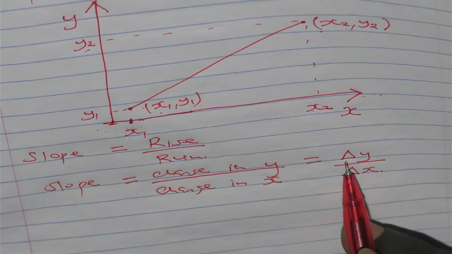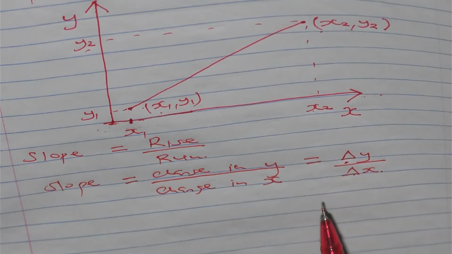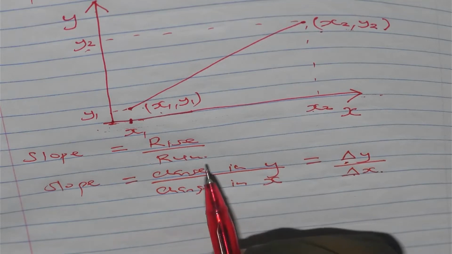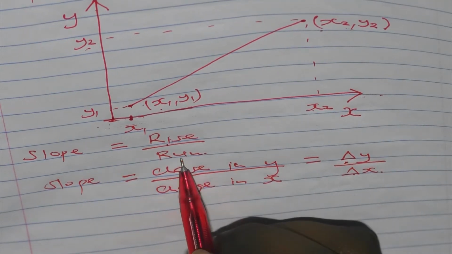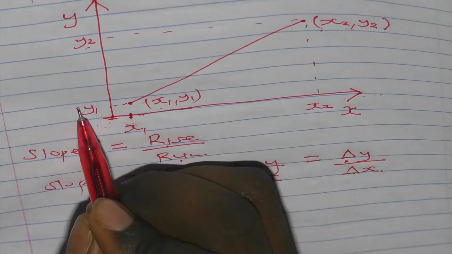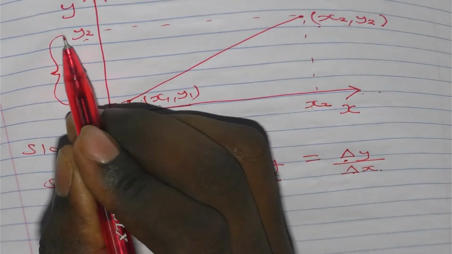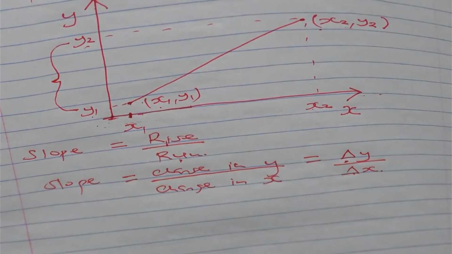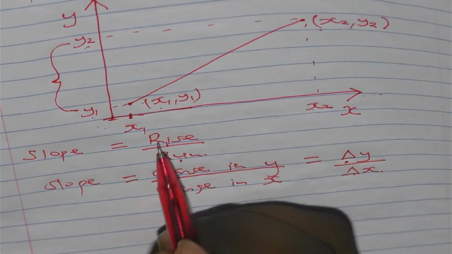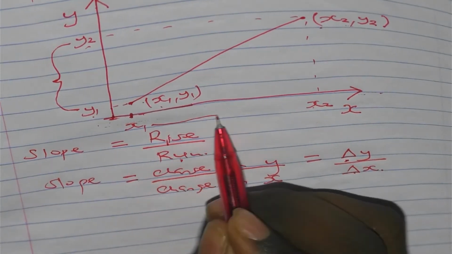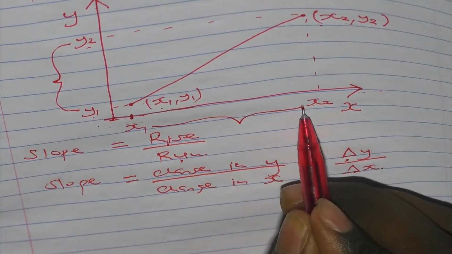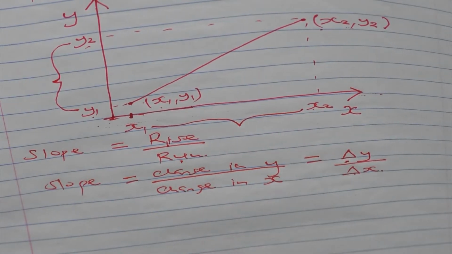A change in y all over a change in x, or a rise all over a run. So you can see this is the rise from y1 to y2, okay? And then this is the run from x1 to x2, right?